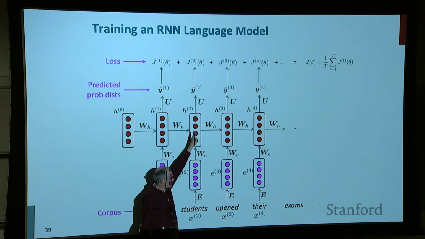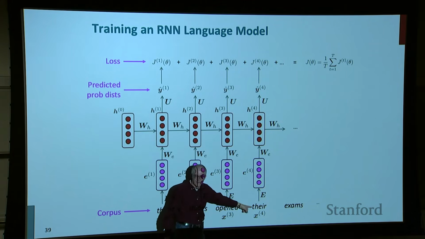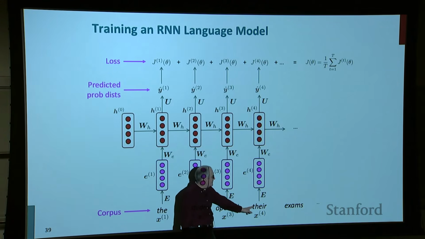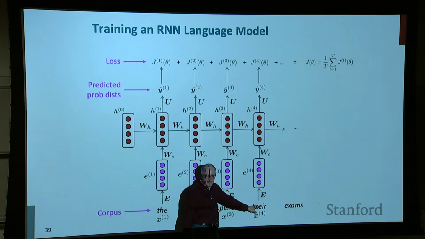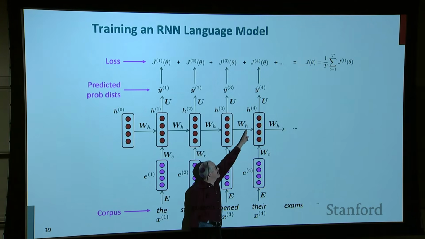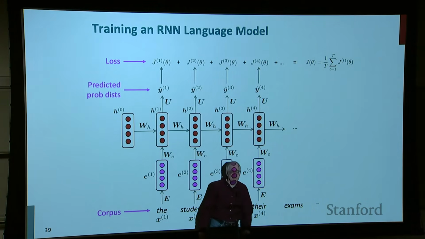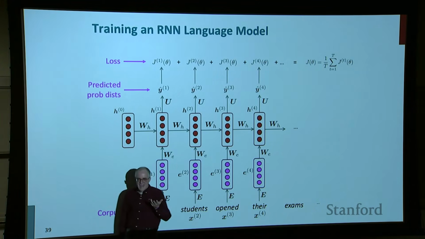Generate it with our recurrent neural network, and then ask for the actual next word, what probability estimate did you give to that? And that's our loss. But then what we do is stick into our recurrent neural network the right answer. So we always go back to the right answer, generate a probability distribution for next words, and then ask, okay, what probability did you give to the actual next word, exams?